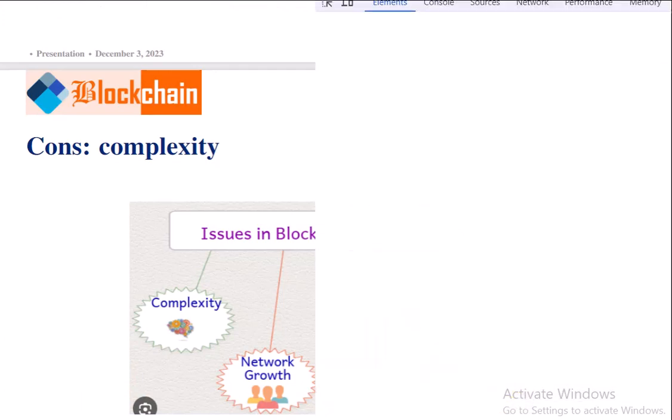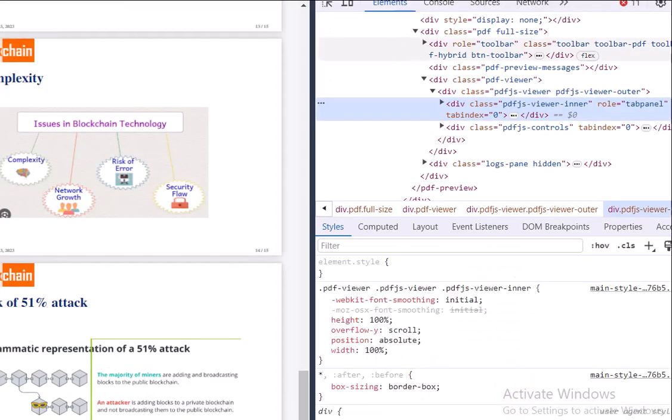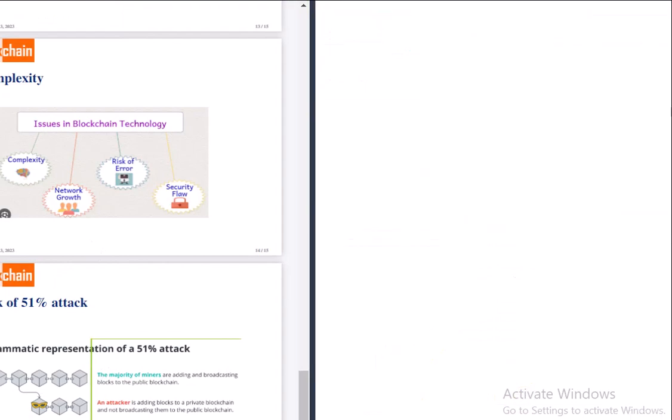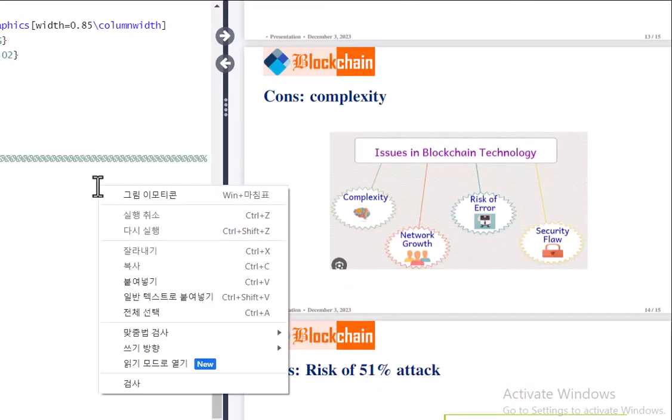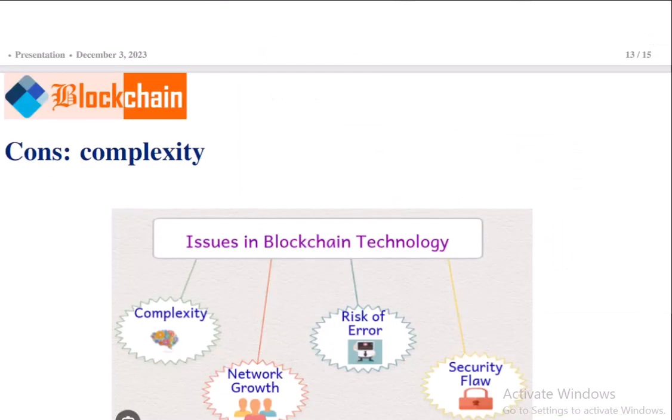The other drawback is complexity. Understanding and implementing blockchain technology is very complex, and the adoption process is also not so easy.